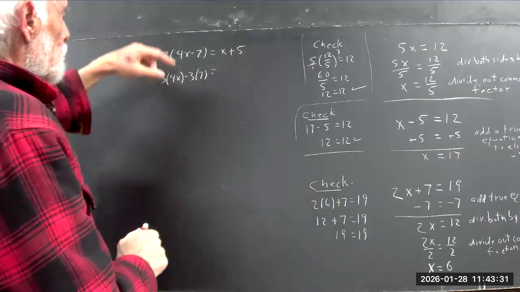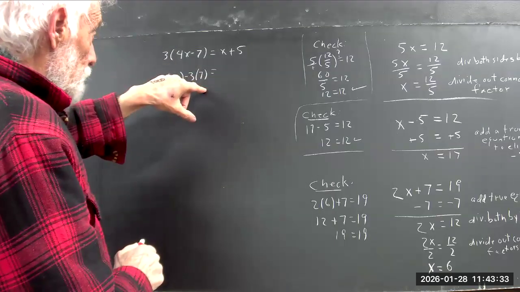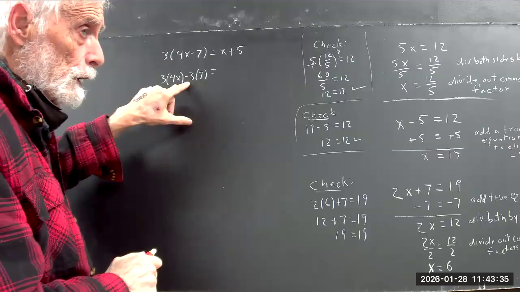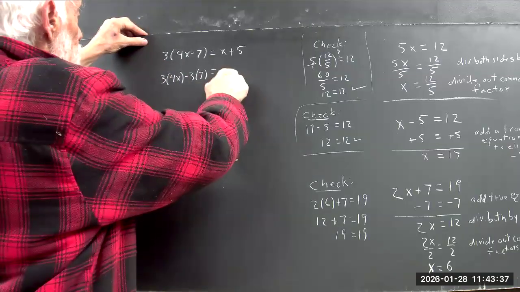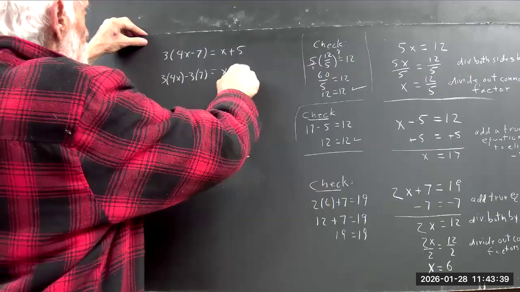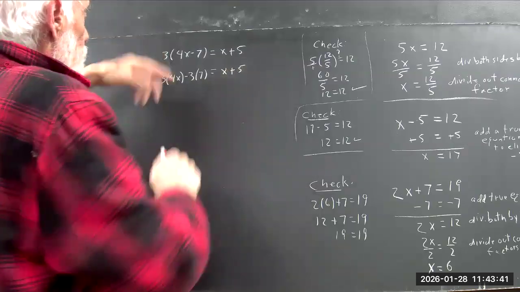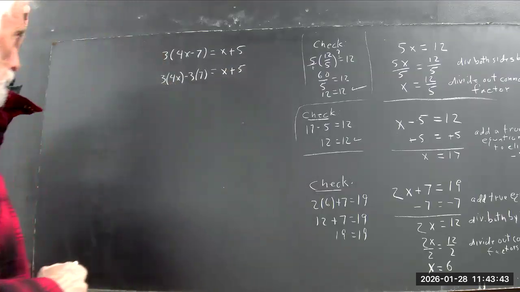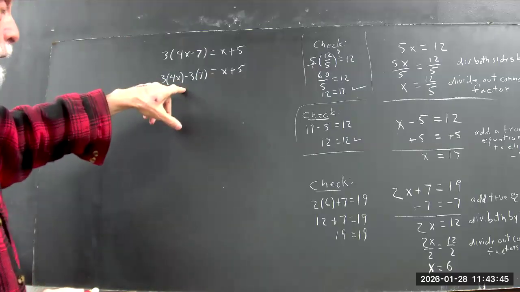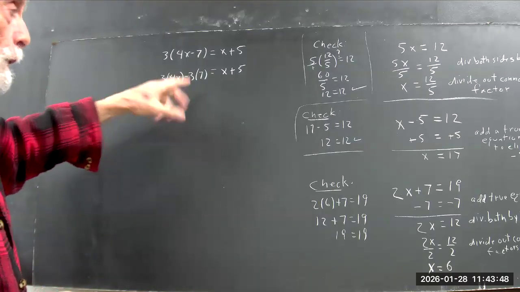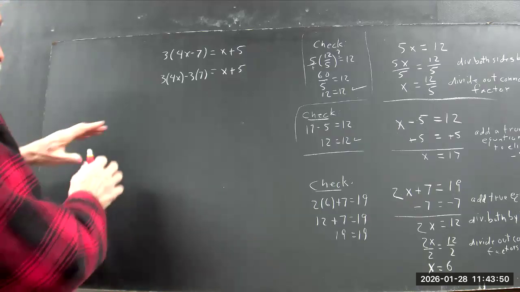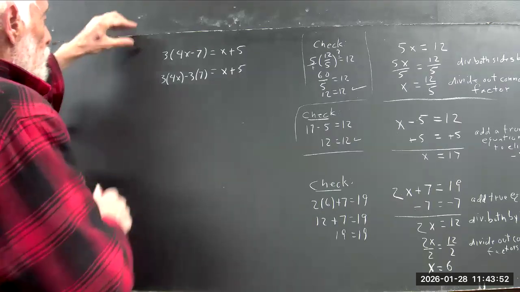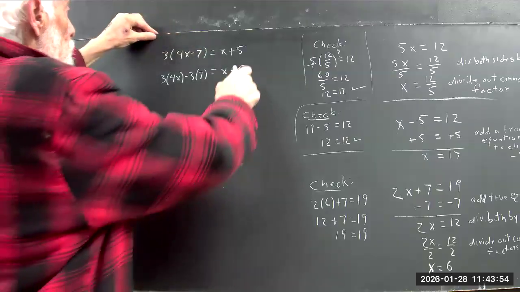We could also write that as plus 3 times negative 7, but it's easier to have a minus outside here. You do have to be careful about that. Until I see people making errors in that way, I'm not going to stress that too much. I think that is or should be pretty familiar to people. And if it's not, we'll modify what we're doing. Okay, so anyhow, there's a distributive law.